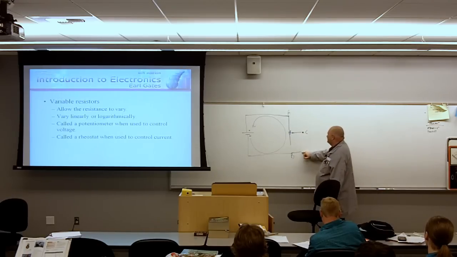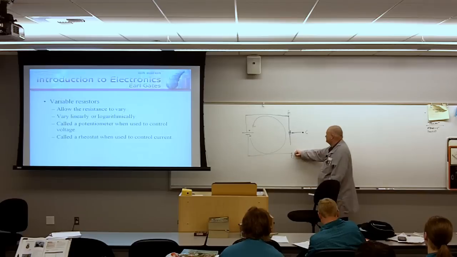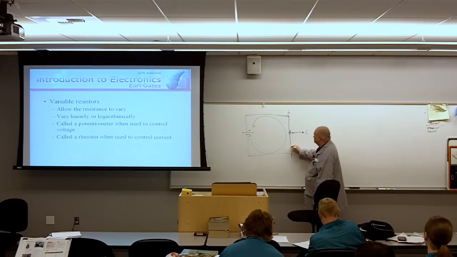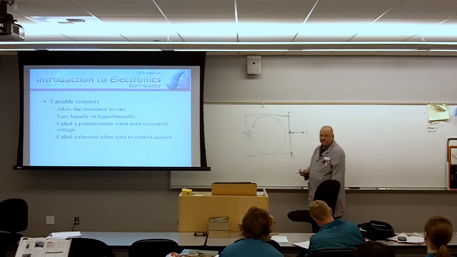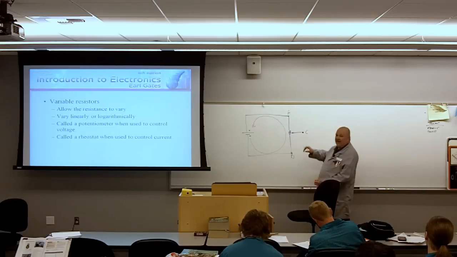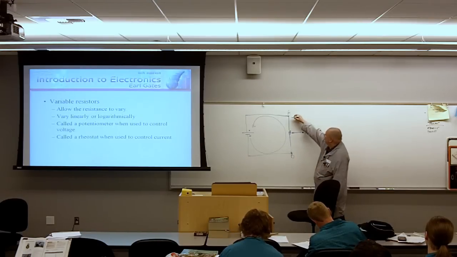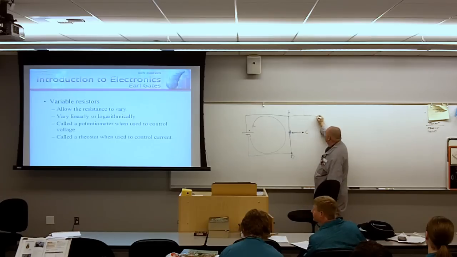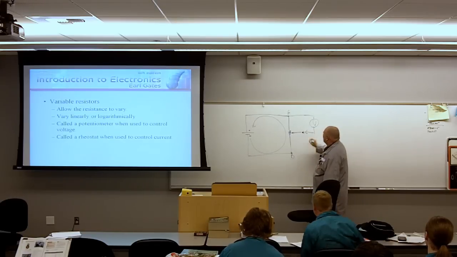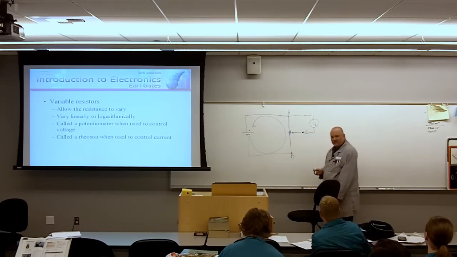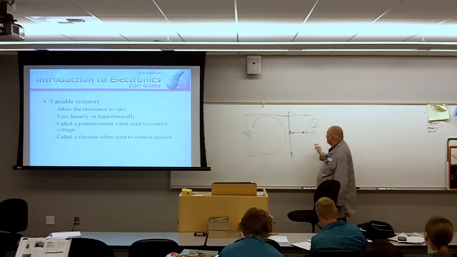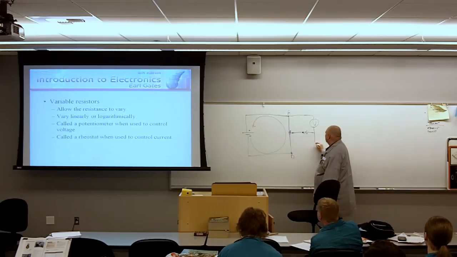I'm going to disconnect this. Reconnect this. And let's assume that I'm going to make another connection over here, and this is going to be a voltmeter. I'm going to connect a voltmeter between A and C. And I'm going to connect another voltmeter, why?